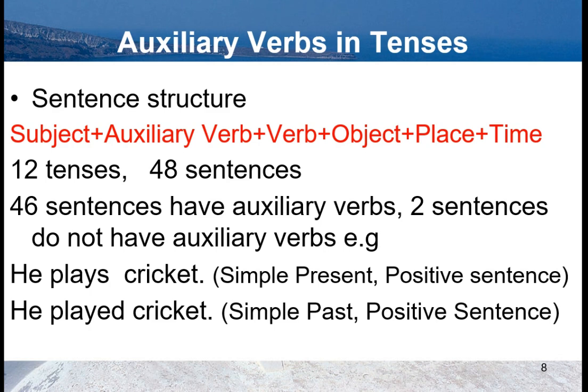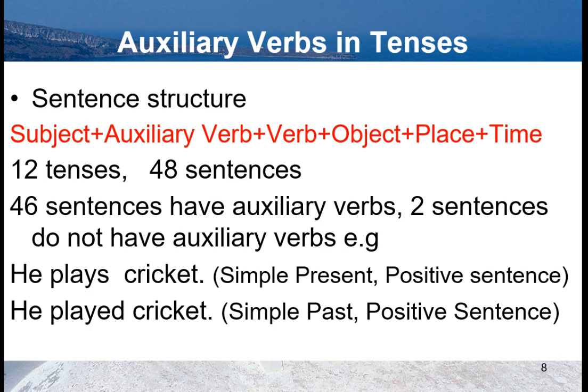Sentence structure should be memorized: subject, auxiliary verb, verb, object, place, time. In the end, we'll make 12 tenses. 48 sentences will be made with the help of 12 tenses, so there would be one positive, one negative, one interrogative, and one negative interrogative.